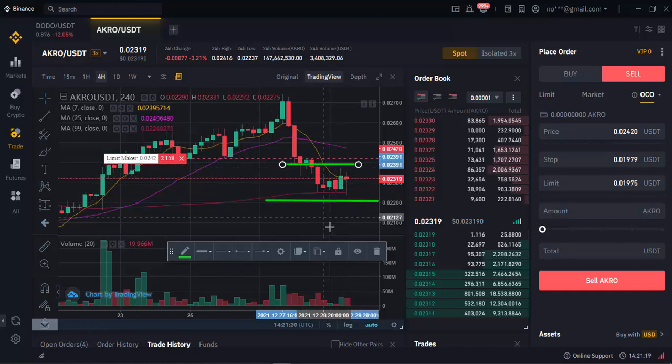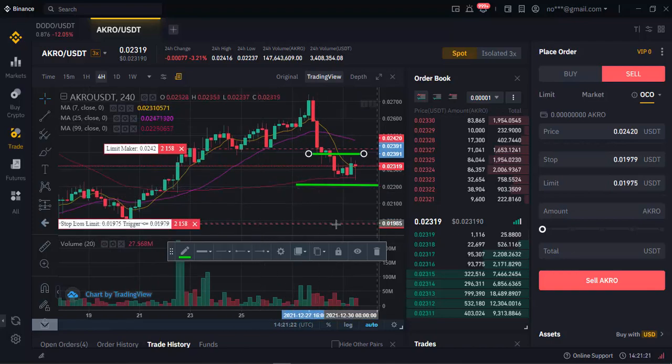Therefore, you remove the stop price, which is here, or the stop loss price, which is here, and bring it closer to this extent. Bringing it closer means you have secured a little profit between this and this.